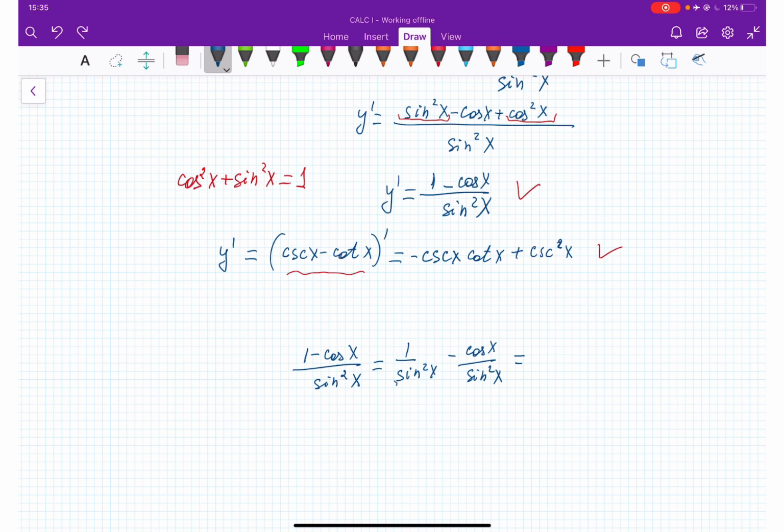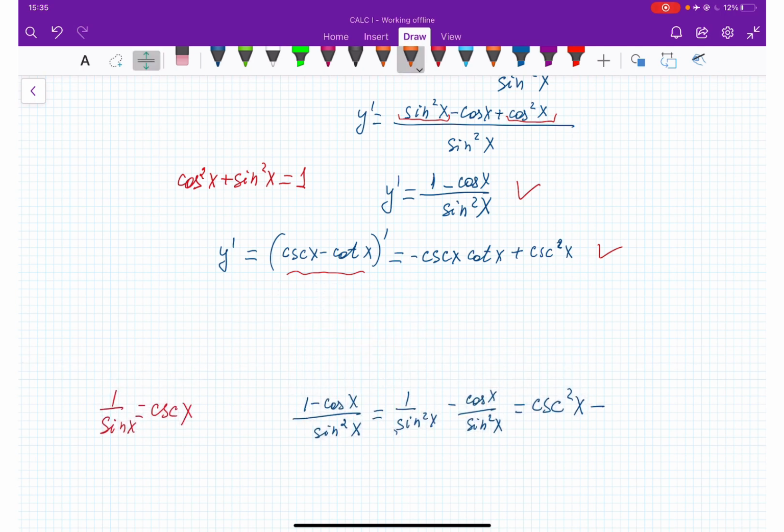We know that 1 over sine x is cosecant x. But 1 over sine square x will be cosecant square x, right? Okay, minus. Now let me do some drafting over cosine over sine squared.